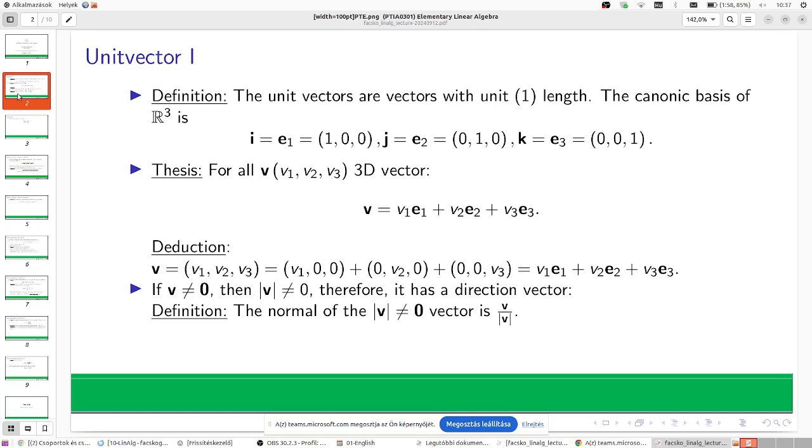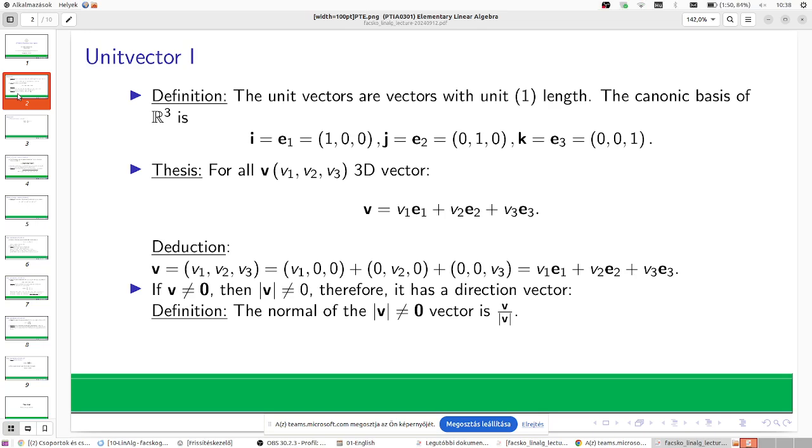And if you remove the coordinate system in your mind, that's one vector, that's another vector, and this is a third vector. So these are quantities. This is V3 times E3. This is V2 times E2. And this is V1 times E1.